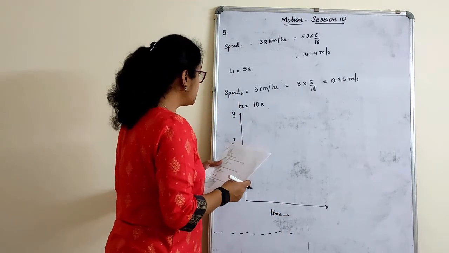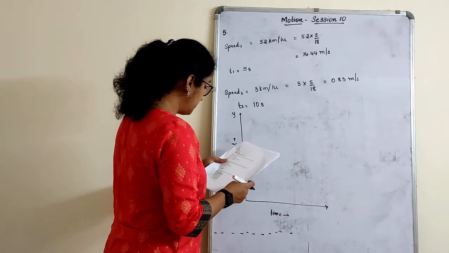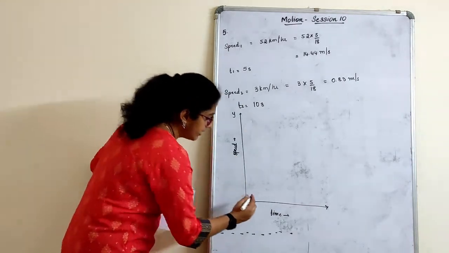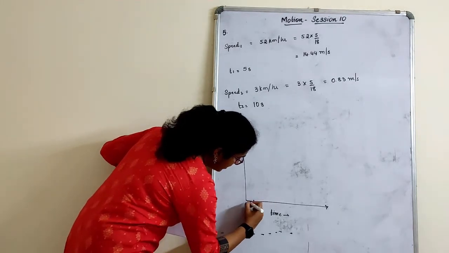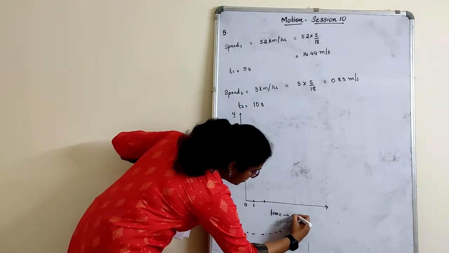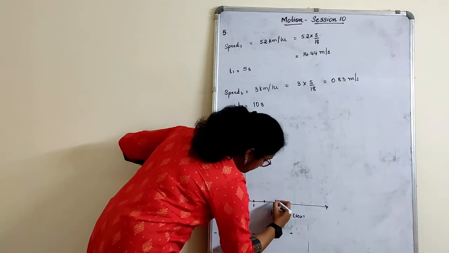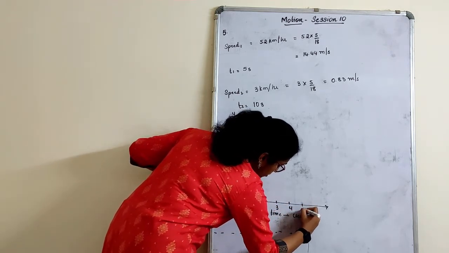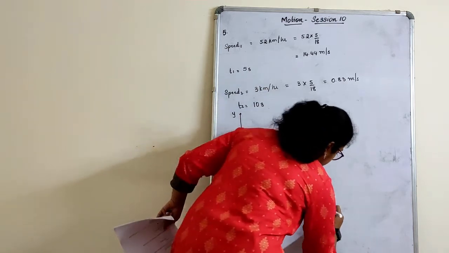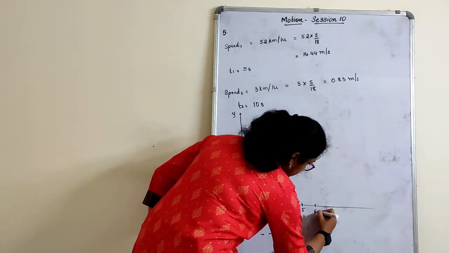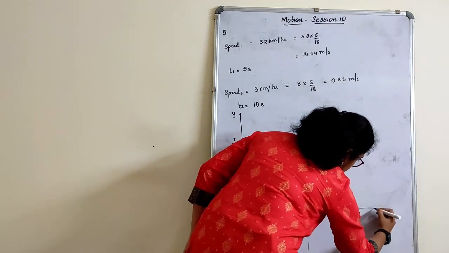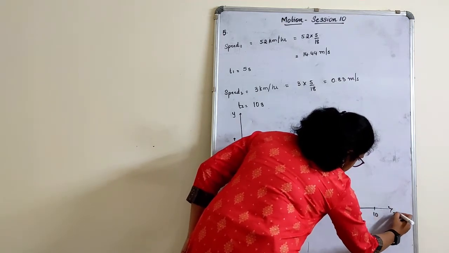With respect to time, we have till 10. I'll consider this as 1, time in terms of seconds, then 2, 3, 4, 5, 6, 7, 8, 9 and 10.